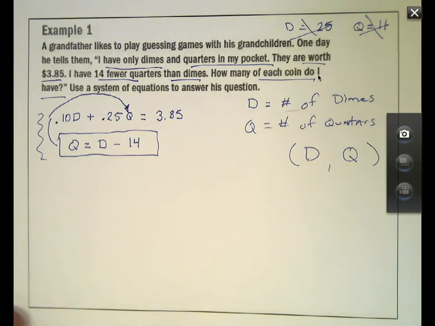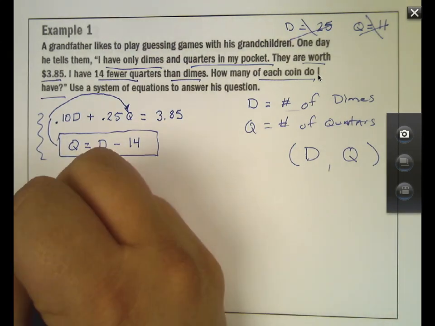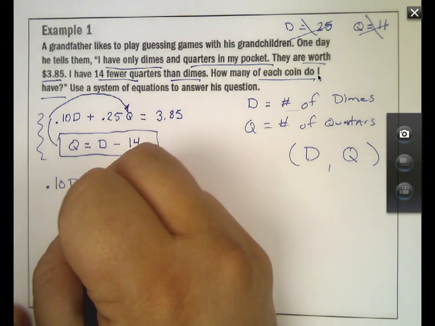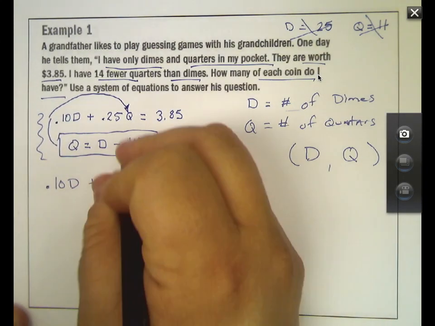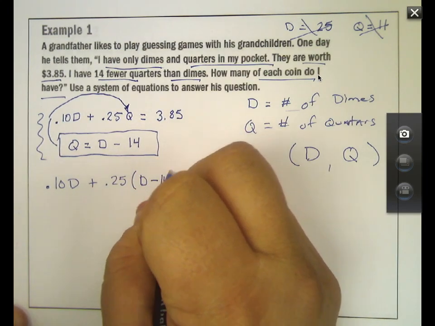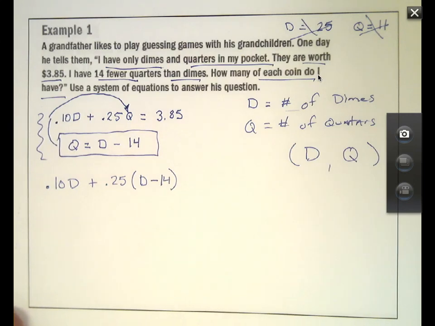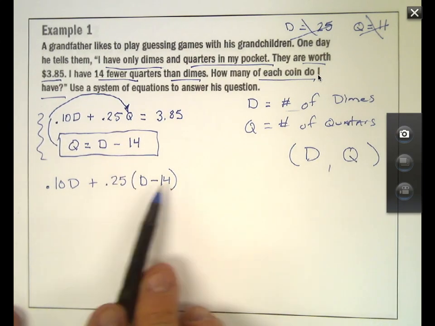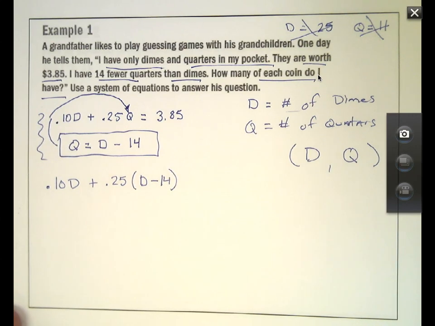So let's go ahead and rewrite the first equation. 0.10D plus 0.25, and now Q is (D minus 14). Notice I put a parenthesis around that. Why? It's because you have to take 25 cents times everything of what Q is.